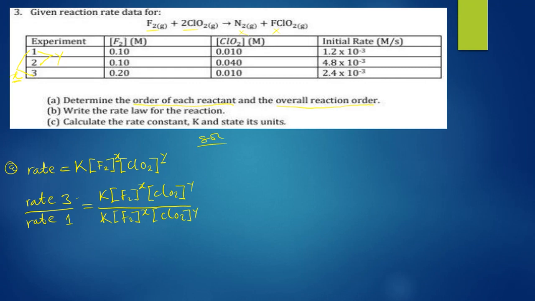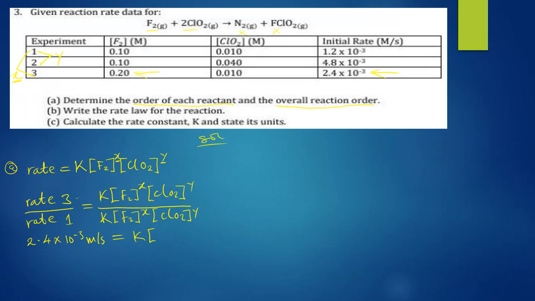So rate 3, on experiment 3, we have your rate to be 2.4 times 10 to the power negative 3 meter per second, which is equal to K, and then what's your concentration for fluorine on experiment 3?